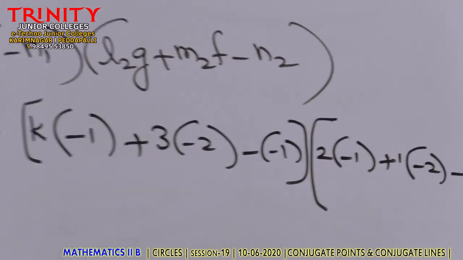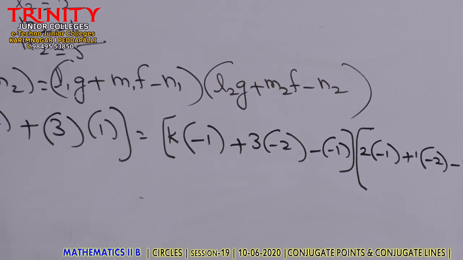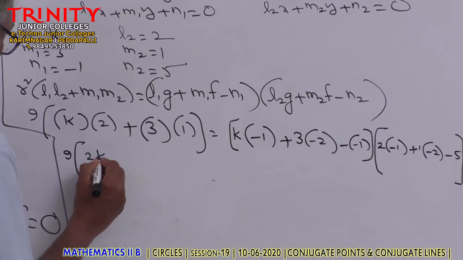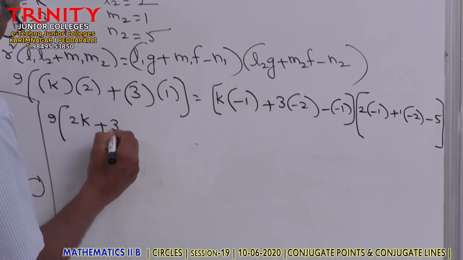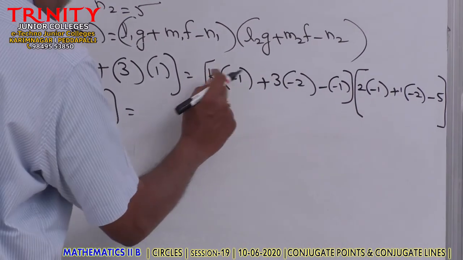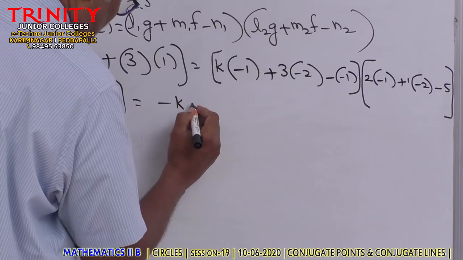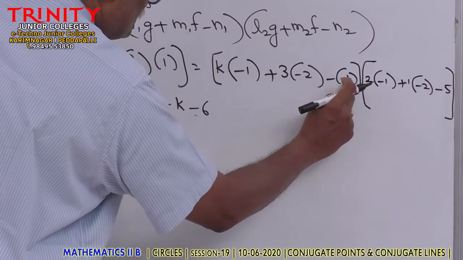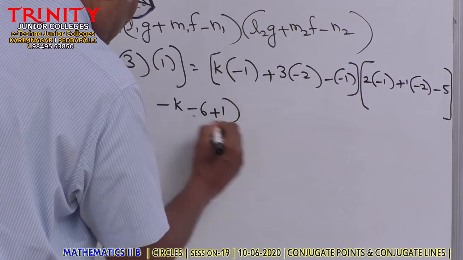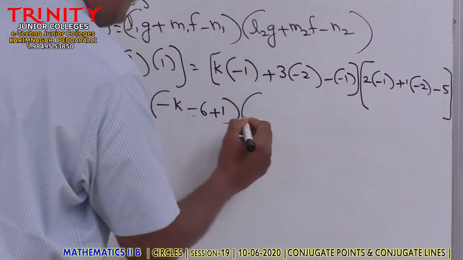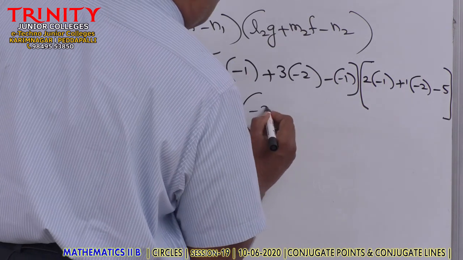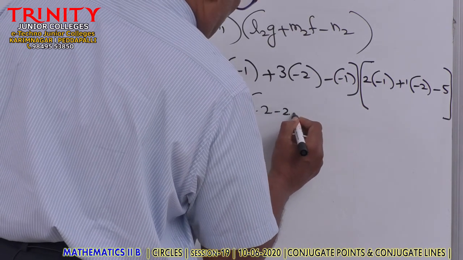Okay. Now 9 into 2k plus 3 equals to minus k, minus 6, minus into minus plus 1 into minus 2, minus 2, minus 5.